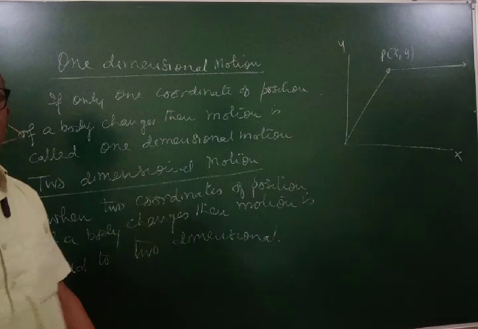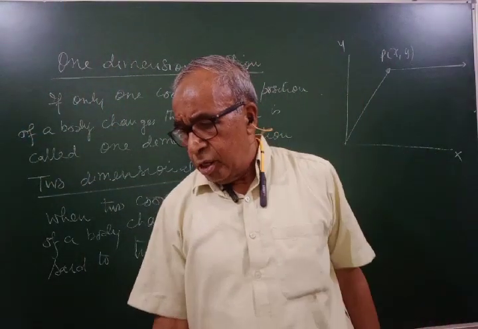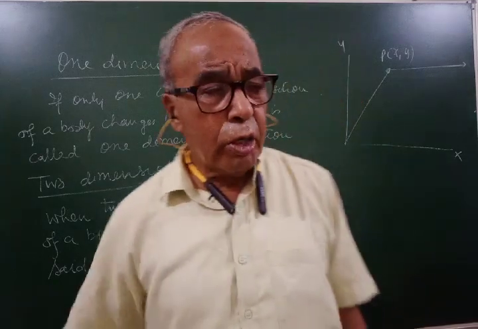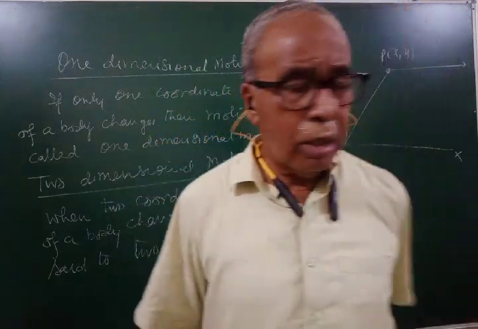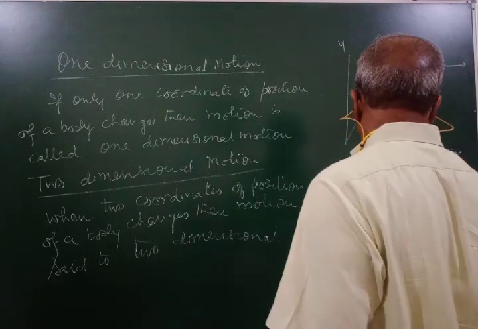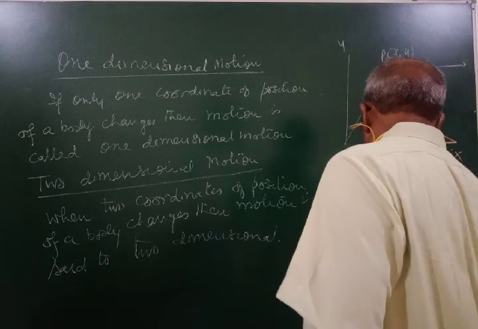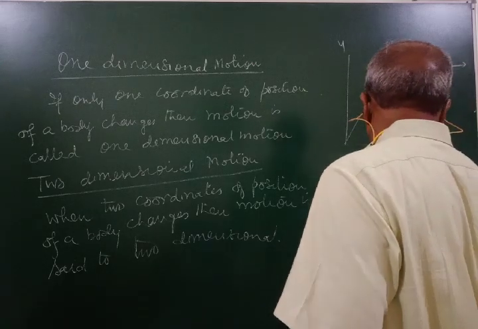For example, in the room, if a body goes from one corner to another corner of the room on the floor, suppose this is the room here, and this is the floor here.